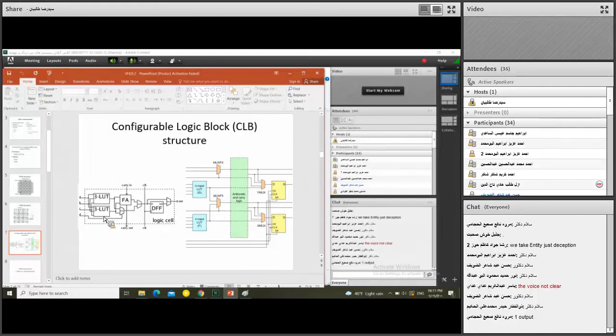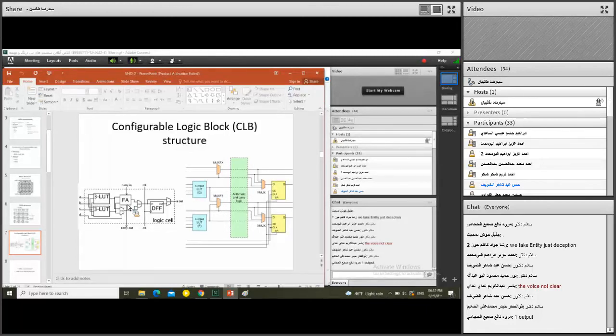After the lookup table, we have a multiplexer and a full adder. It means that in every logic or processing work, we may have some arithmetic work, for example adding or subtraction. And we know that a full adder can do our arithmetic work much more simply than logic functions.